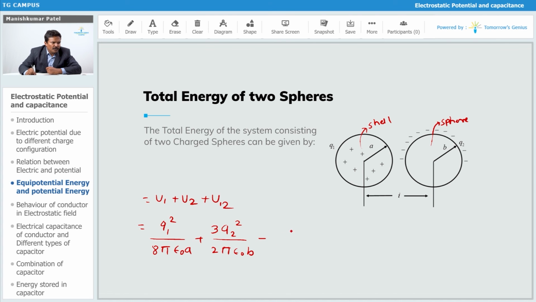Then the interaction you can write as q1 q2 upon 4 pi epsilon naught l, where l is the distance between the shell and sphere, considering both of them as point charges. You can find the total energy in this case.